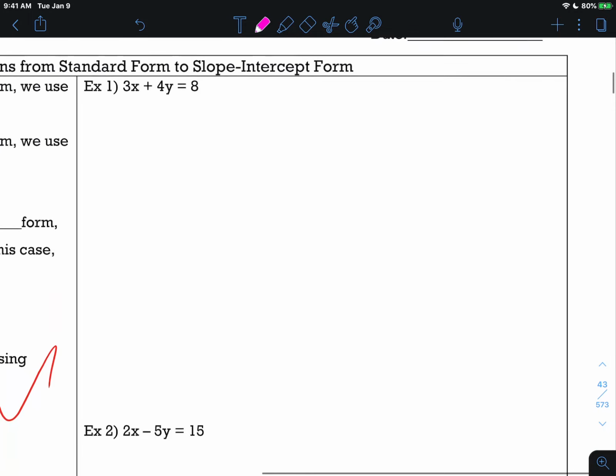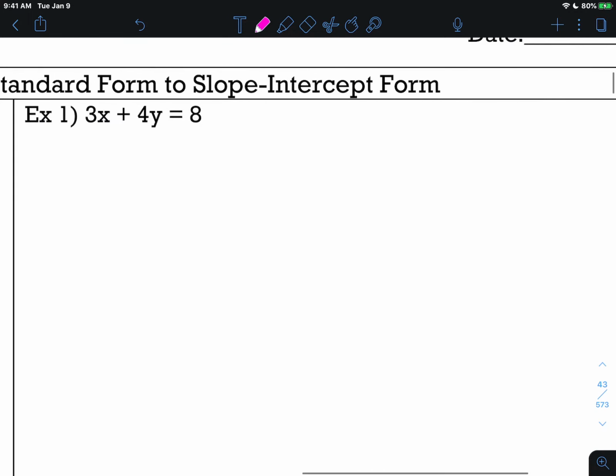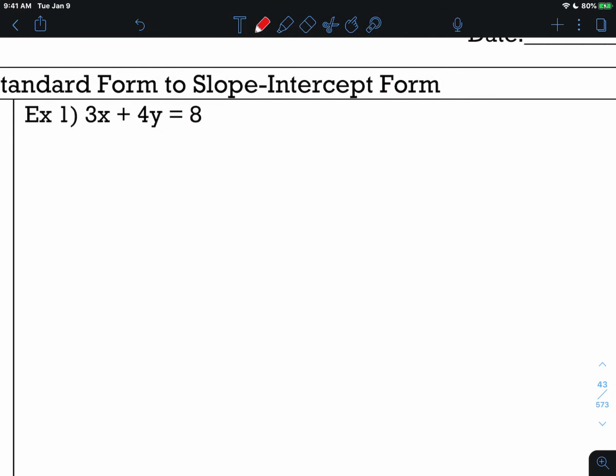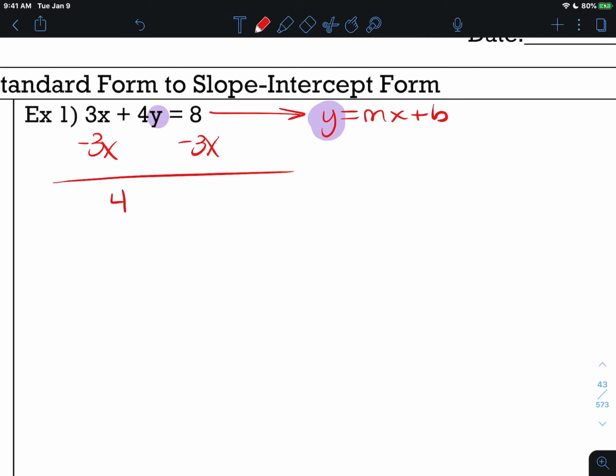So let's go ahead and take a look at example number 1. So first, let me get a good color. So we need to go to slope-intercept form, y equals mx plus b. That means that I need to get this y by itself. So I'm going to do my exciting move. Great divide.